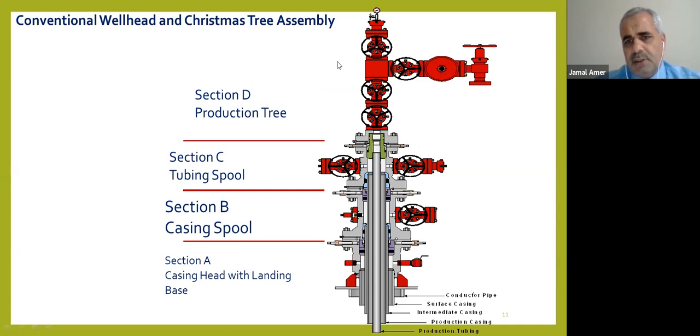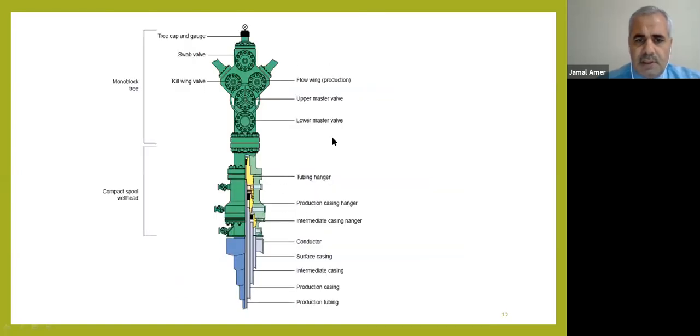We have here the tubing production or flowing valve or wing valve for production, and on the other side, this photo is not completed here. From this other side we have the kill line. We will see it here, it's the same photo. Here we mentioned the flow wing valve, wing valve for production, and here wing valve for kill. So if we need to perform a killing operation before going for well intervention, we use this valve.